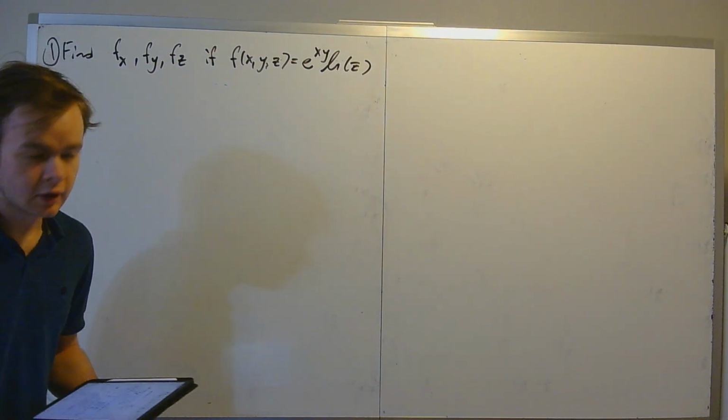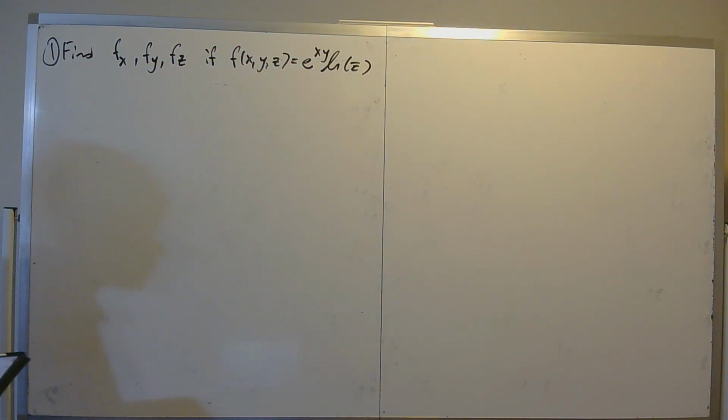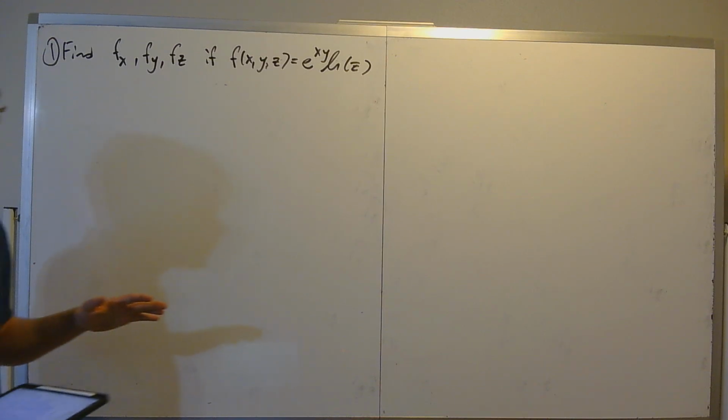Okay, so now what we see is that we have a function of 3 variables. Earlier I said we had a function of 2 variables. Now we've got a function of 3 variables, and it turns out it doesn't matter how many variables we have. We can do it the same way every time.